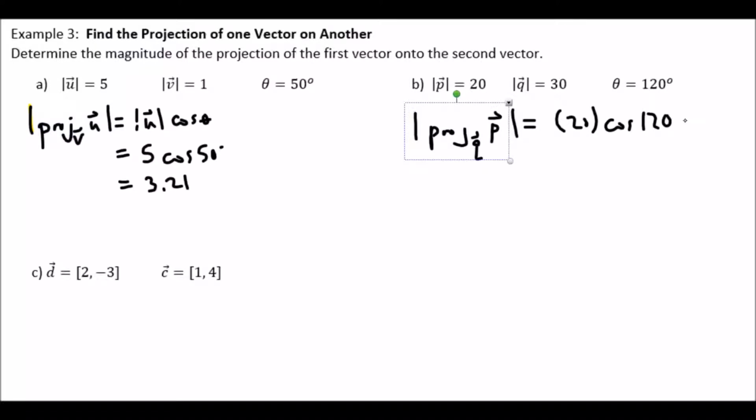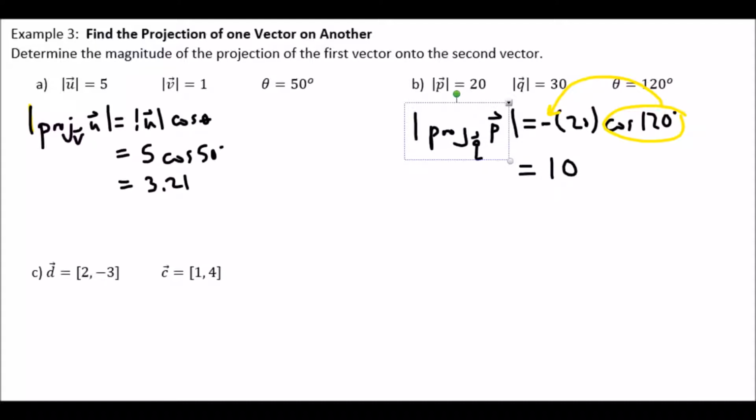And again, because my angle is bigger than 90, I will get a negative here, so that means I get a positive. And so here, put that in my calculator, I get 10. And again, why do I put a negative there? Because this angle here is bigger than 90, and so I've got to put a negative there to get that double negative, so I get a positive value for magnitude.